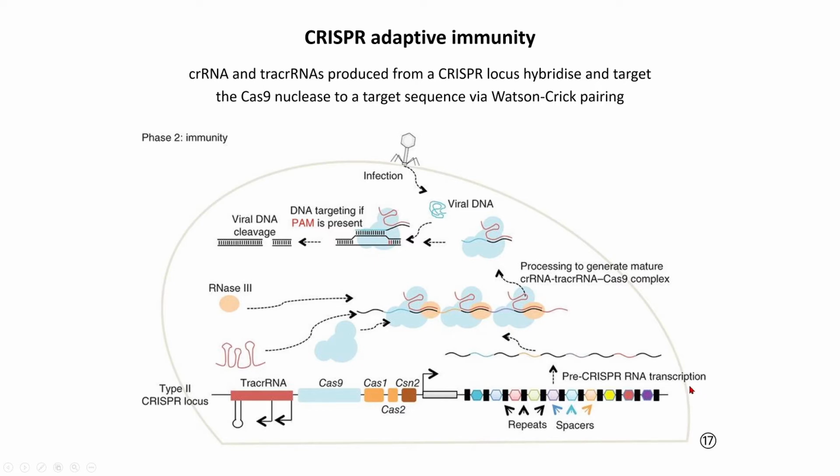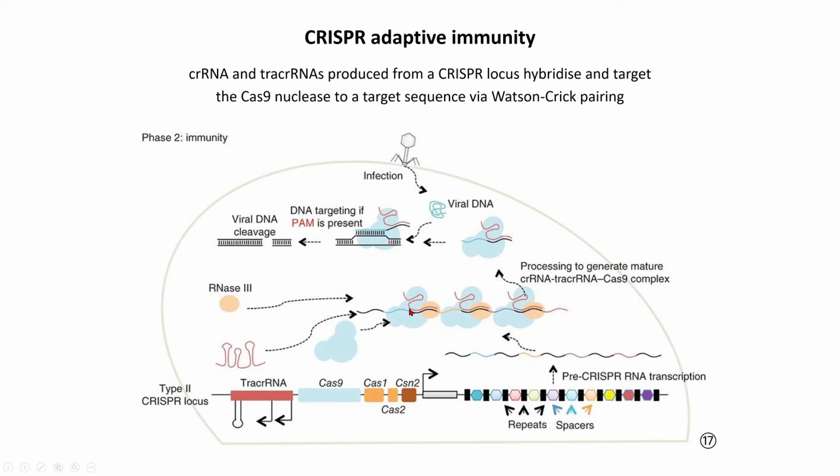Each one of those repeats binds this other tracer RNA to form a double-stranded RNA sequence here, and then RNase 3 binds to this duplex of RNAs and cleaves them. So each one of these spacer and repeat regions, called a CRISPR RNA, gets separated from this pre-CRISPR RNA transcript.